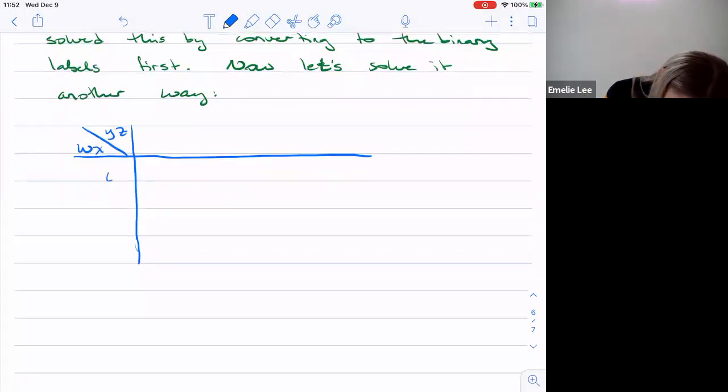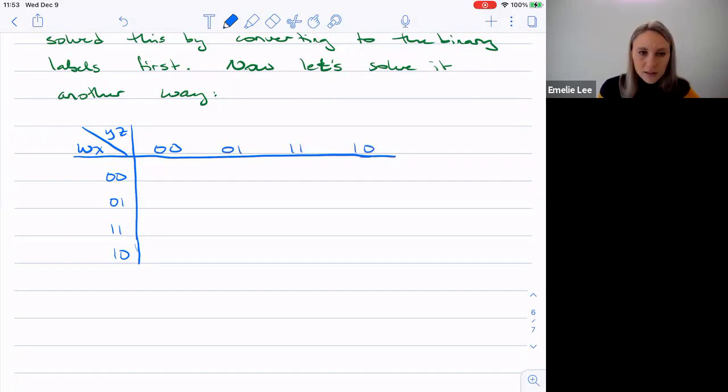So I am going to do this 0, 0, 0, 1, 1, 1, 1, 0, and do that inside for both of these, 0, 0, 0, 1, 1, 1, 1, 0. Just do enough of these to remember that this is the order you have to go in.